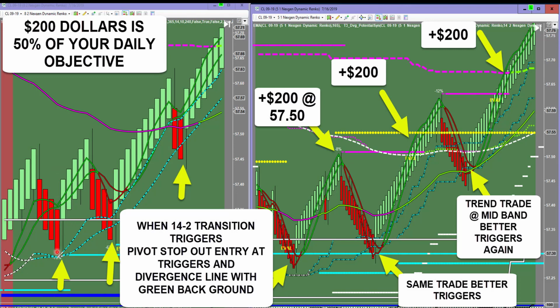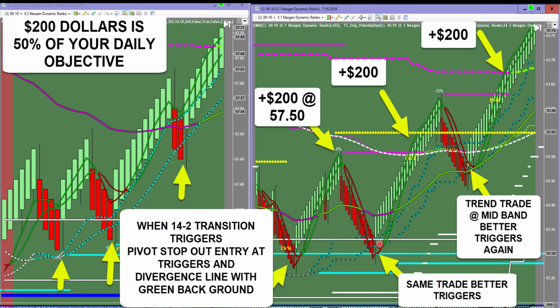When the market pulls back to a pivot stop out or a fib or whatever, we're going to be doing our trend trade long. I want you to see the magic of $200. We go long on the way down into the trigger and pivot stop out window, and then we take $200 on the way up.